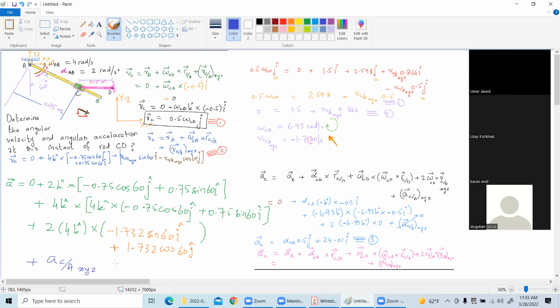If it is going in the downward direction, what will be the cosine and sine components?